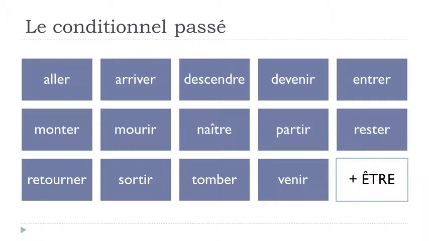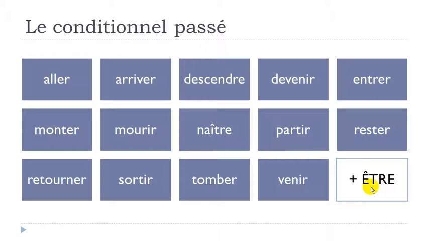Okay, so remember one more time: aller, arriver, descendre, devenir, entrer, monter, mourir, naître, partir, rester, retourner, sortir, tomber, venir. Remember, you will have to use être with these verbs.